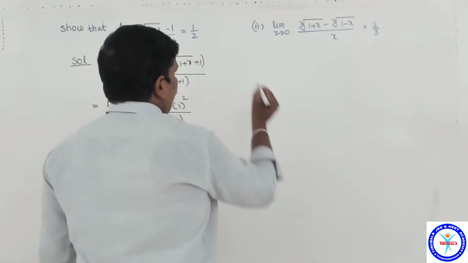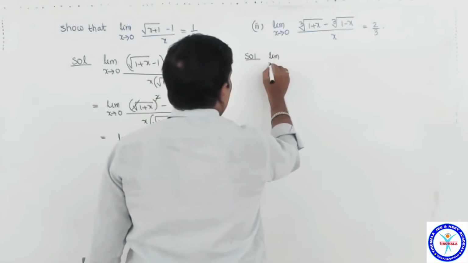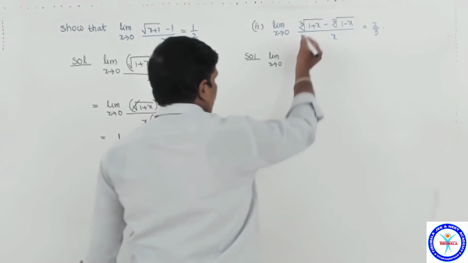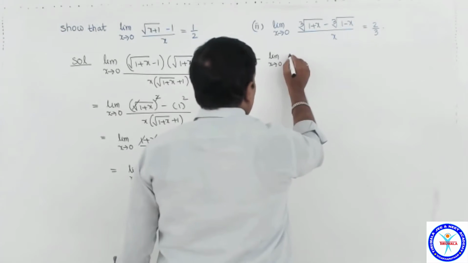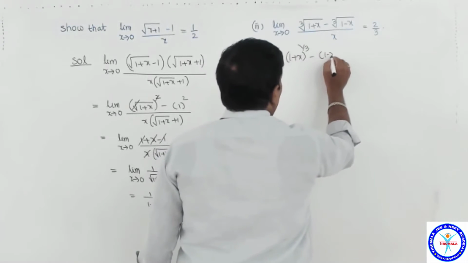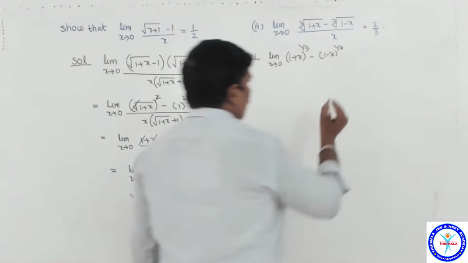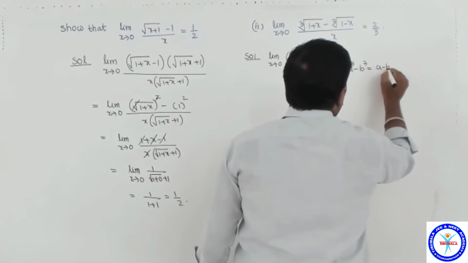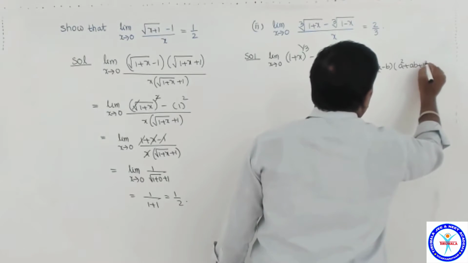Okay, now here limit x tends to 0, it is in the form of cube root of 1 plus x. Cube root of 1 plus x can be written as (1 plus x) whole to the power of 1 by 3 minus (1 minus x) whole power 1 by 3. So we know that a cube minus b cube equals (a minus b) into (a square plus ab plus b square).